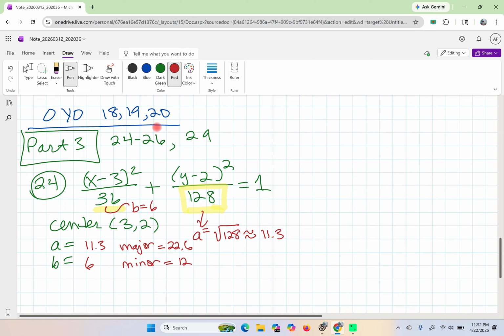So that's just answering the textbook questions. But what we really need is A, B, and the center. All right, let's graph now. So this one, this is a vertical ellipse. And it's shifted like so.